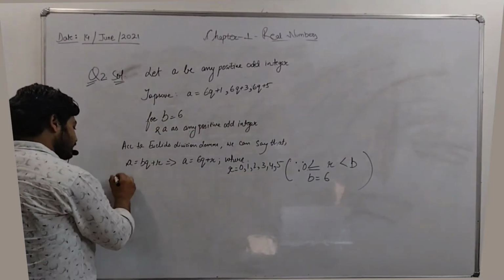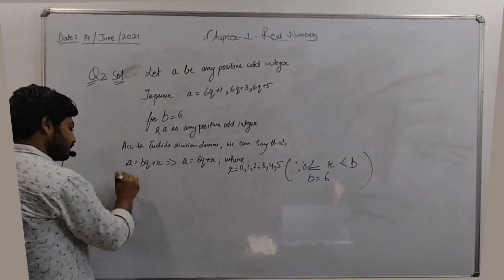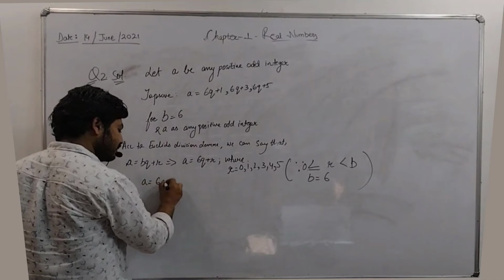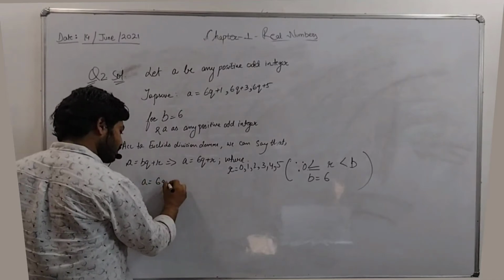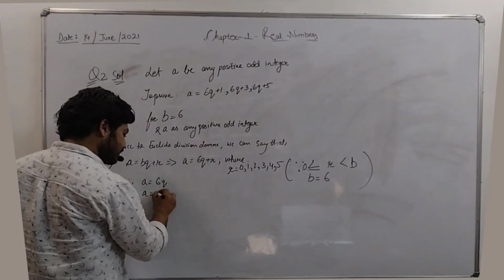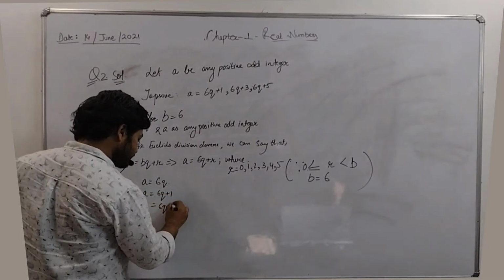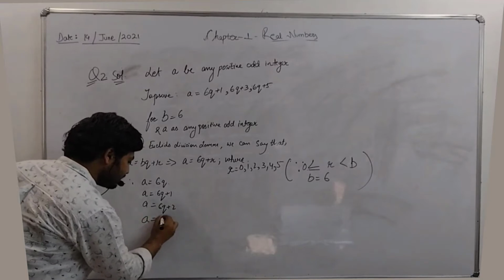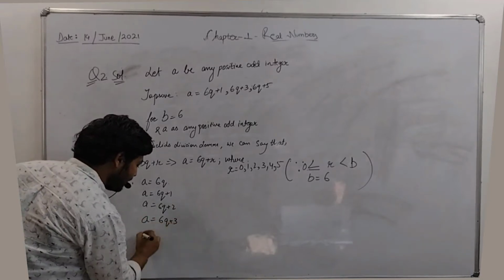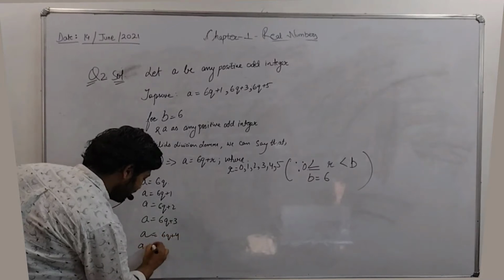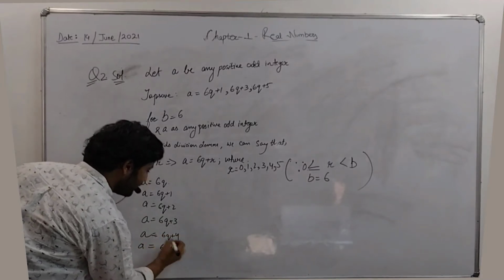So therefore a is equal to 6q, or a is equal to 6q plus 1, or a is equal to 6q plus 2, or a is equal to 6q plus 3, or a is equal to 6q plus 4, or a is equal to 6q plus 5.